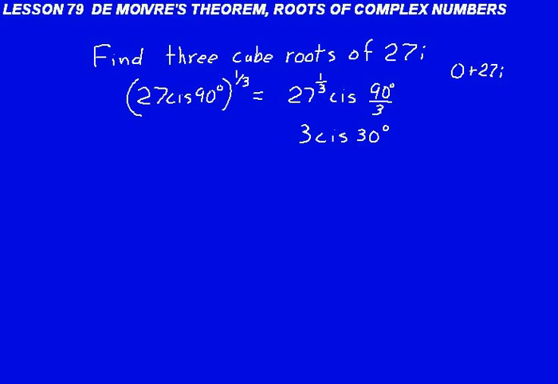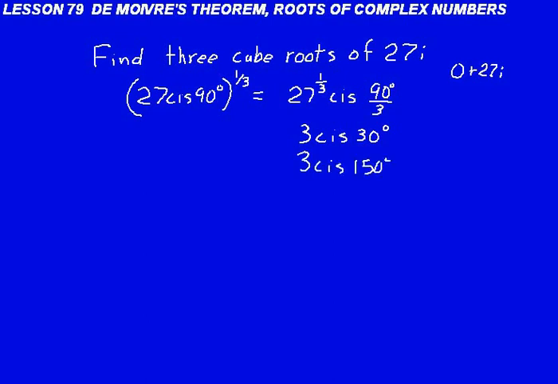We know that we have to have 2 more roots, because for every problem like that to the 1 over nth power, there will be n distinct roots. So what we need to do is add 360 to 90. 360 plus 90 would be 450. Divide that by 3. We should have another root at 150. 3 cis 150.